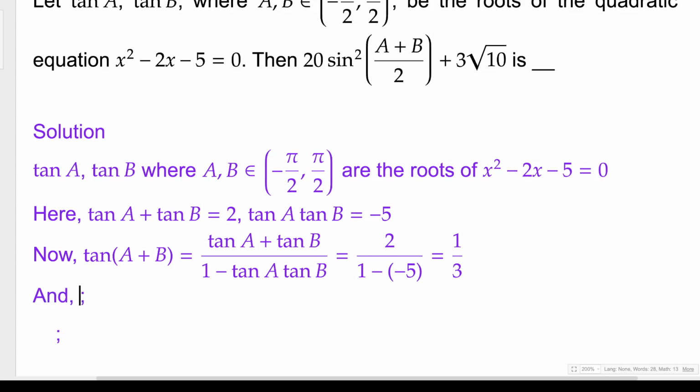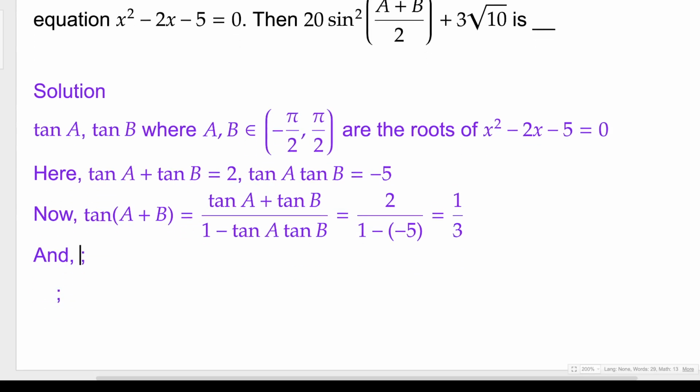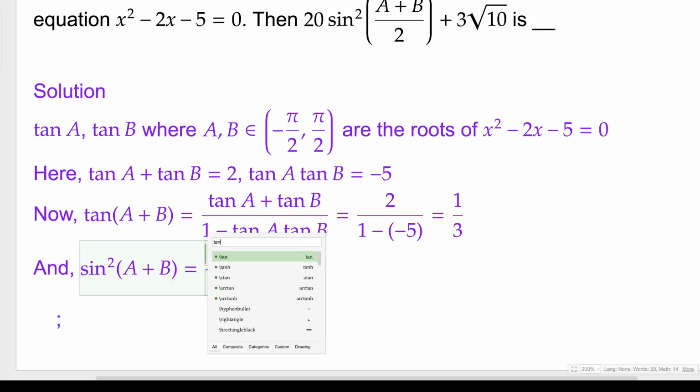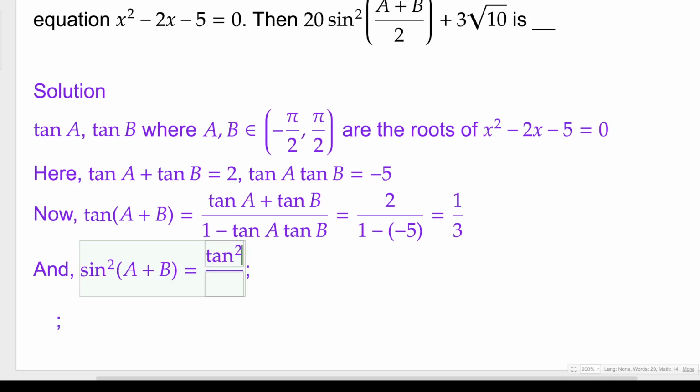Next, we need the quantity sine squared of (A plus B). I need the squared quantity, so I'll square it, and it can be written in terms of tan: sine squared x equals tan squared x over 1 plus tan squared x, with x as A plus B in this case.